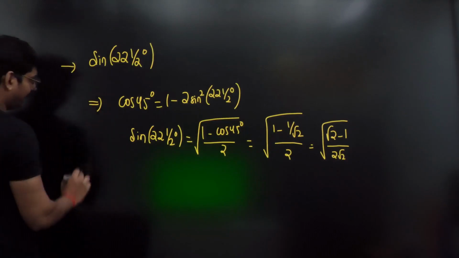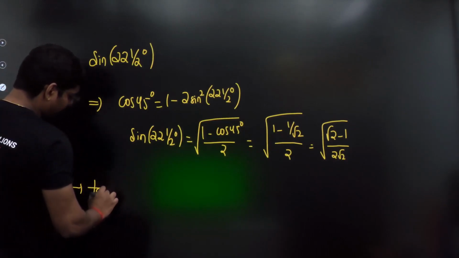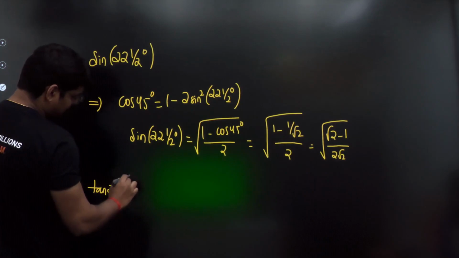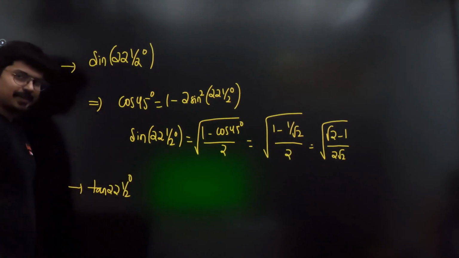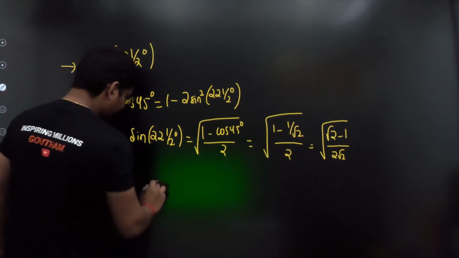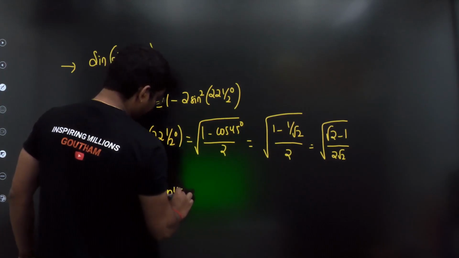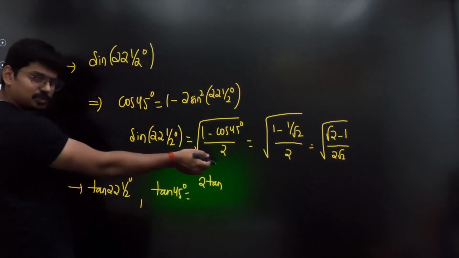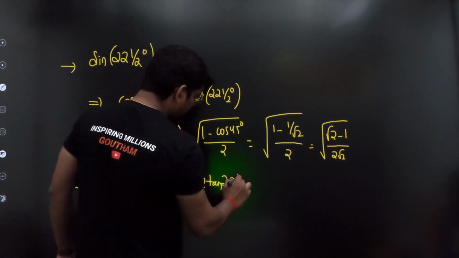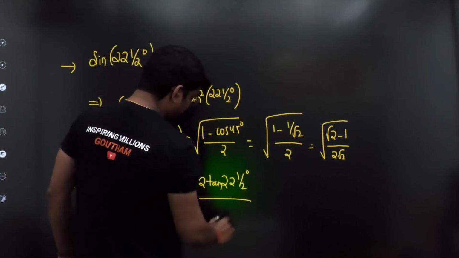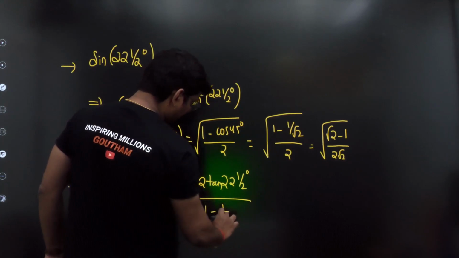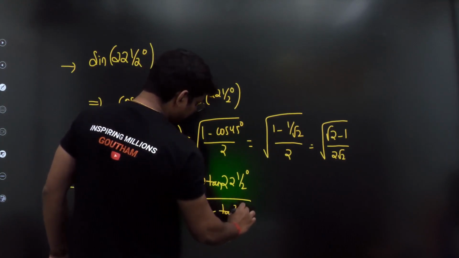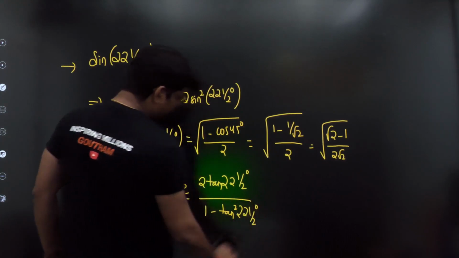Similarly, if you want to find out let's say tan 22.5 degrees, guys. Now how do you do this, guys? Tan 22.5, same logic. What you can do is tan 45 degrees, tan 2 theta is 2 tan theta, that is 2 tan 22.5 degrees divided by 1 minus tan square 22.5 degrees.